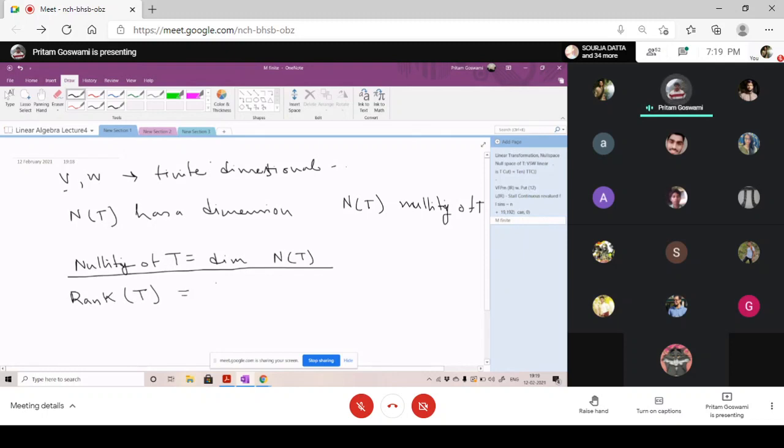Rank of T is basically the dimension of the range of T. Range of T is also a subspace, so it should have a dimension also, and the dimension is called the rank of T. Clear? Okay. You have learned about the rank of matrices, right?